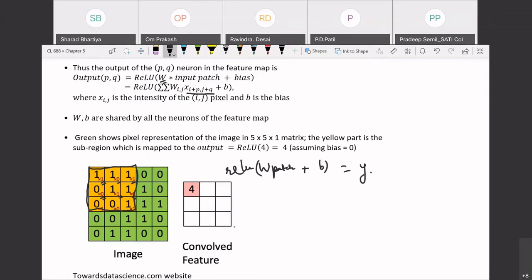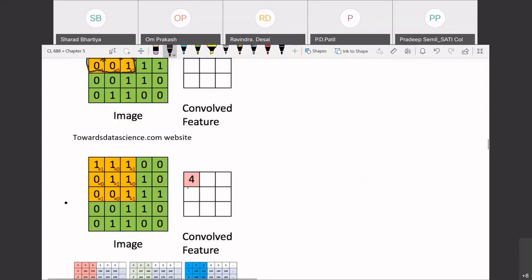So for example, if the weights were 1, 0, 1, 0, 1, 0, 1, 0, 1, and you multiply it with the intensity level, you get an output of 4. That is the convolved feature. So you go patch by patch. First you did this. Next, if your stride is 1, then you just go one cell to the right.